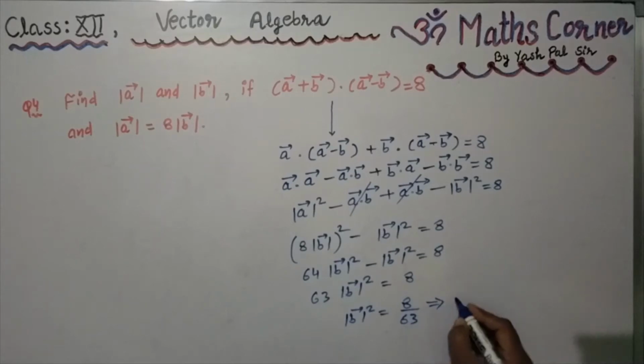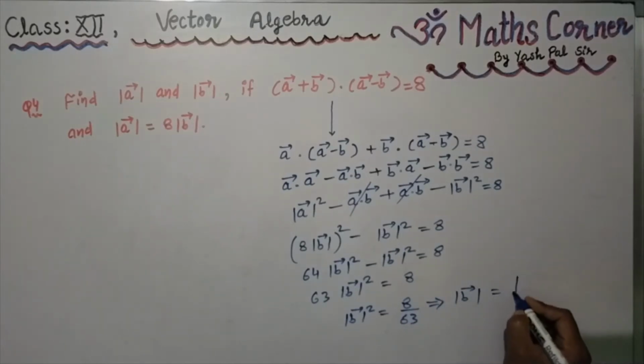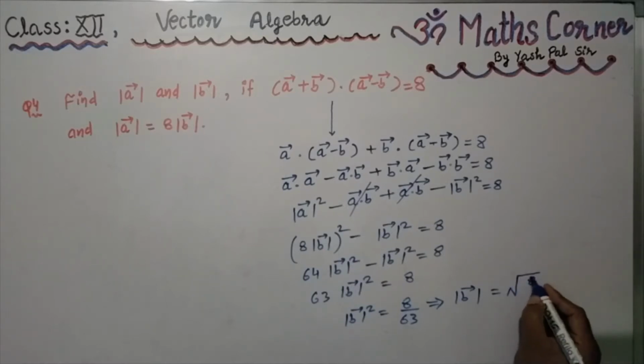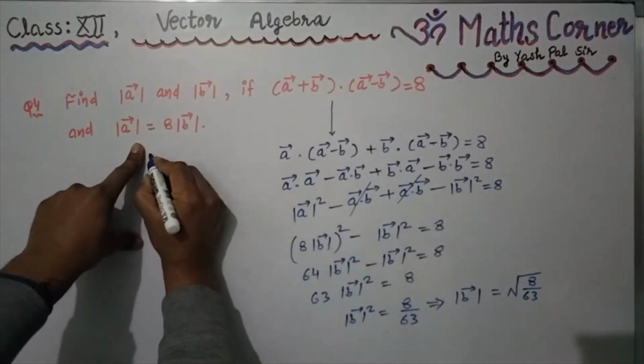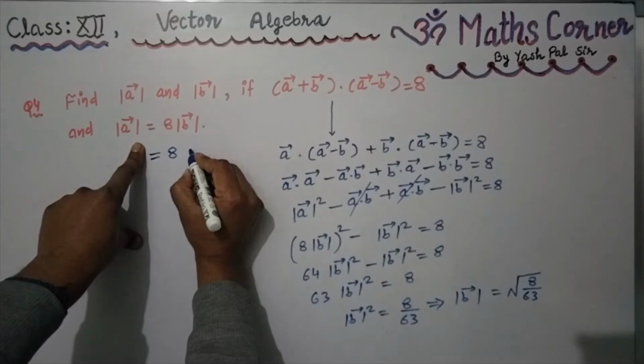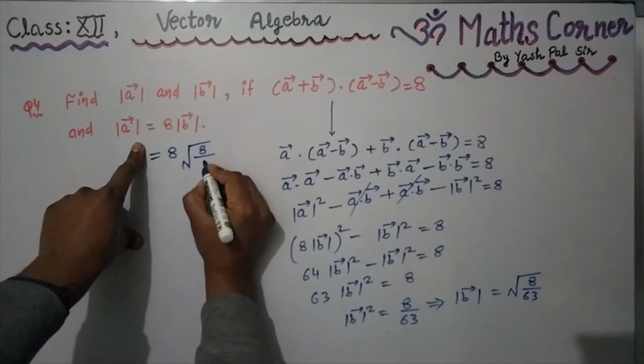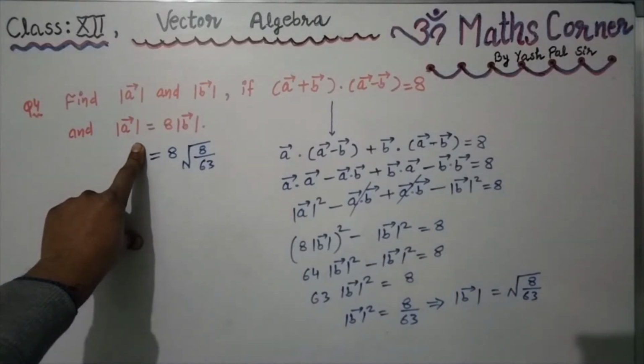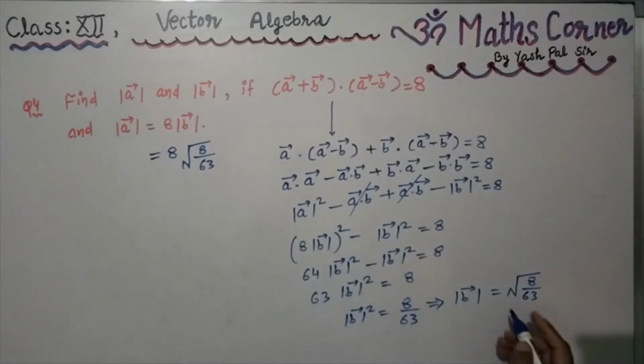So from this we can conclude magnitude of B is equal to square root of 8 divided by 63. So from this we can find the value of magnitude of A: 8 into square root of 8 upon square root of 63.